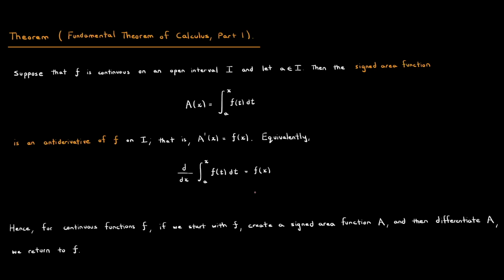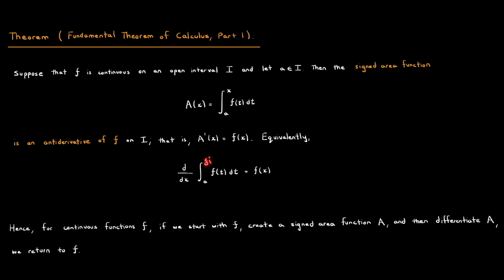And so that brings us to the end of today's video, in which we finished our discussion of the fundamental theorem of calculus. So we have talked about both parts of the fundamental theorem of calculus, part 2 in the previous video, part 1 in this video. And so in the next video, we're going to build on the fundamental theorem of calculus part 1, which is the signed area version. And we're going to learn how to differentiate signed area functions whose upper limit is not just a variable x, but maybe there happens to be some kind of function in there.